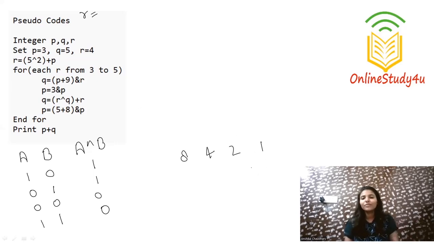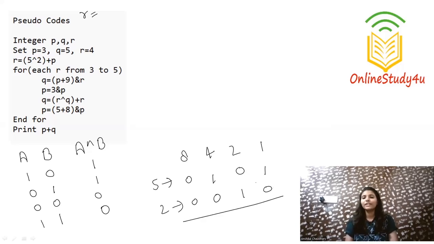To make 5, we will add 4 and 1 and mark these places as 1. Okay, 4 and 1 will be 5. So we will mark 1 and 1 here and the remaining places are 0. Right. So this is the code for 5 in binary. Let's make 2 as binary. To make the binary code of 2, 2 alone is enough. So we will mark the place of 2 as 1 and the remaining are 0.